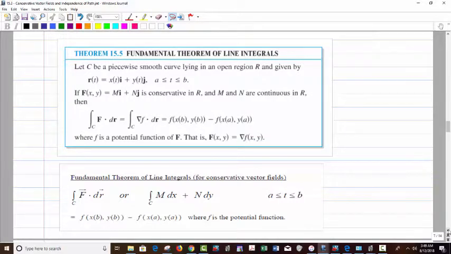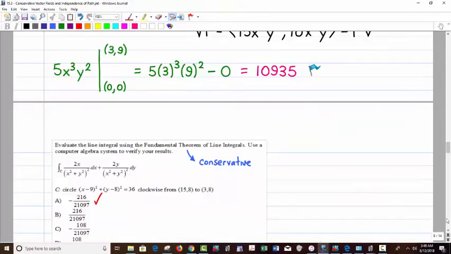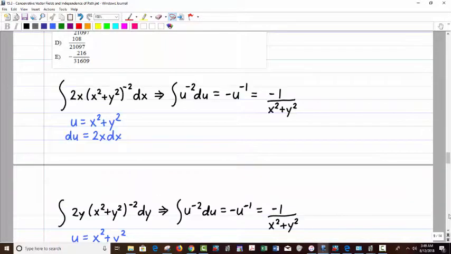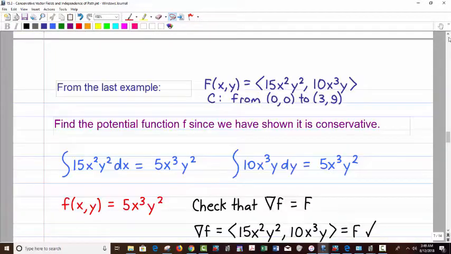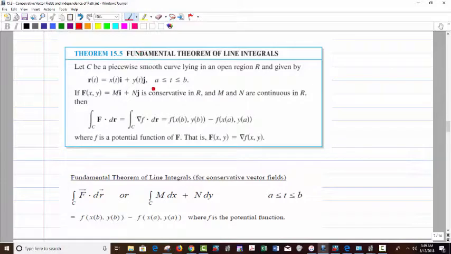Now this does expand for space also, so I don't know why the definition did not include space vectors in there, but that's all right. Because it does work. It's just obviously you have to check conservative a different way.